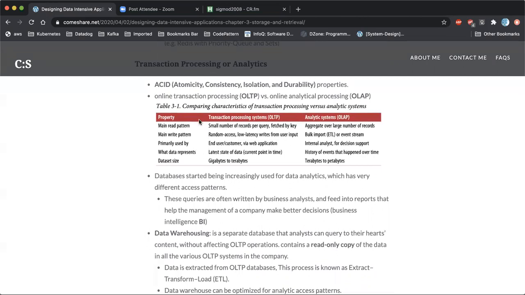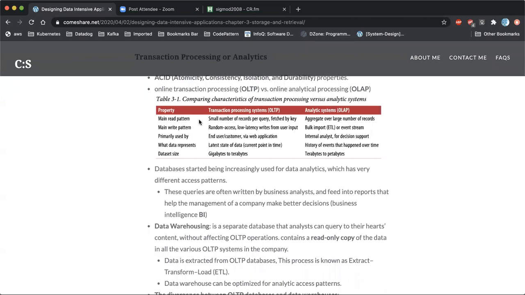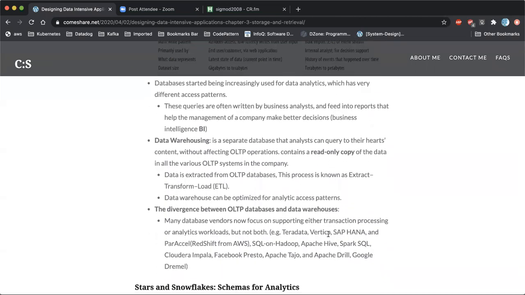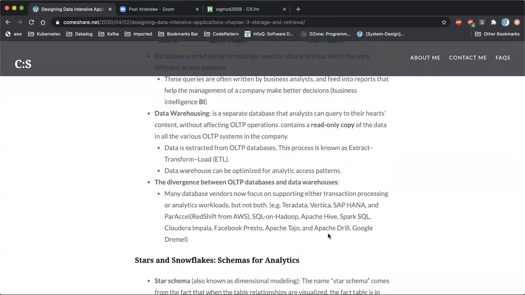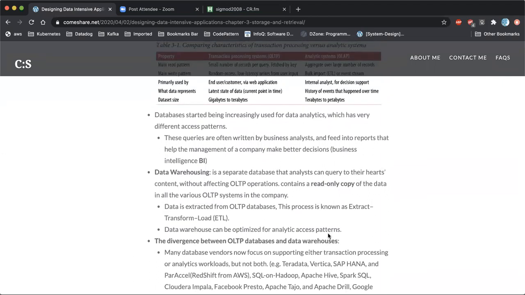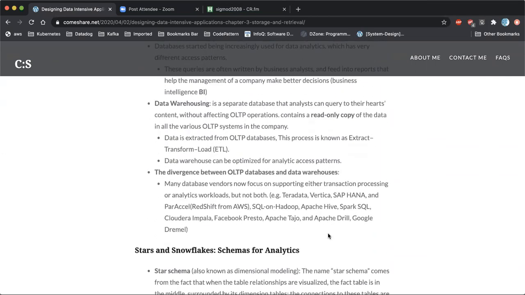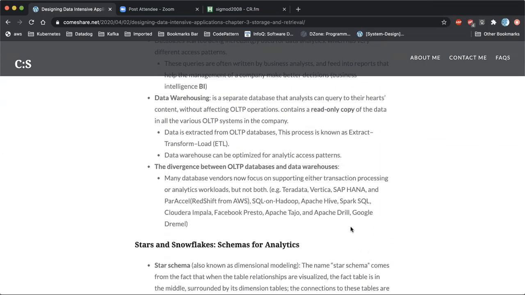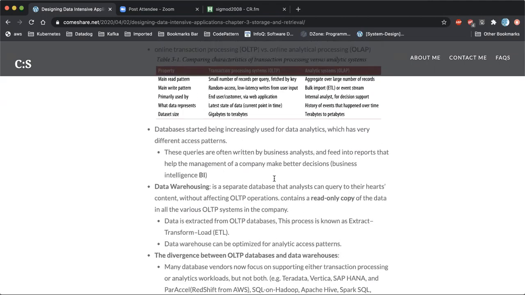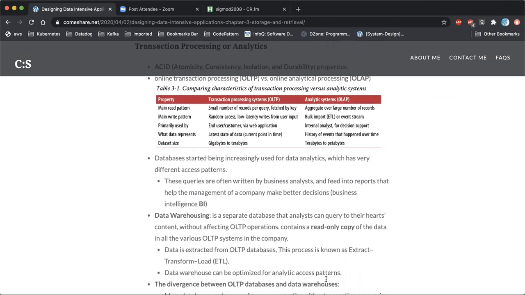I think he gave a couple of differences between online transactions and OLAP, these two kinds of systems, like how it matters. Okay, data warehousing. Let me go through my notes because this is not covering all the points I saw, I believe.